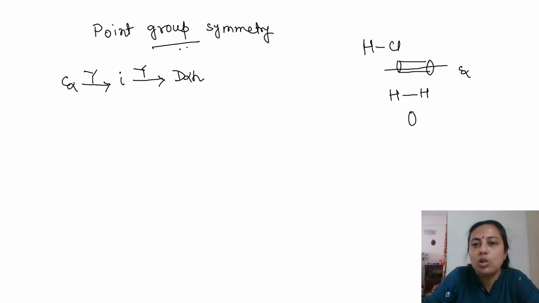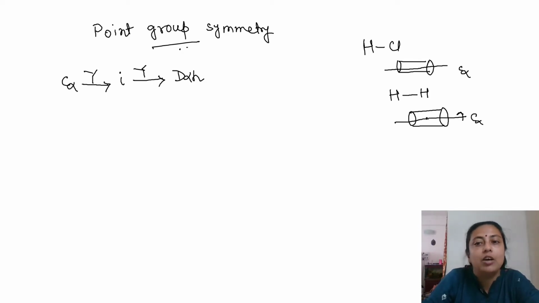The hydrogen molecule also looks like a cylinder, so this molecule has a C infinity axis. Not only this, the molecule is going to have an inversion center at the point, and this inversion point is the specificity of homonuclear diatomic molecules, not heteronuclear diatomic molecules.